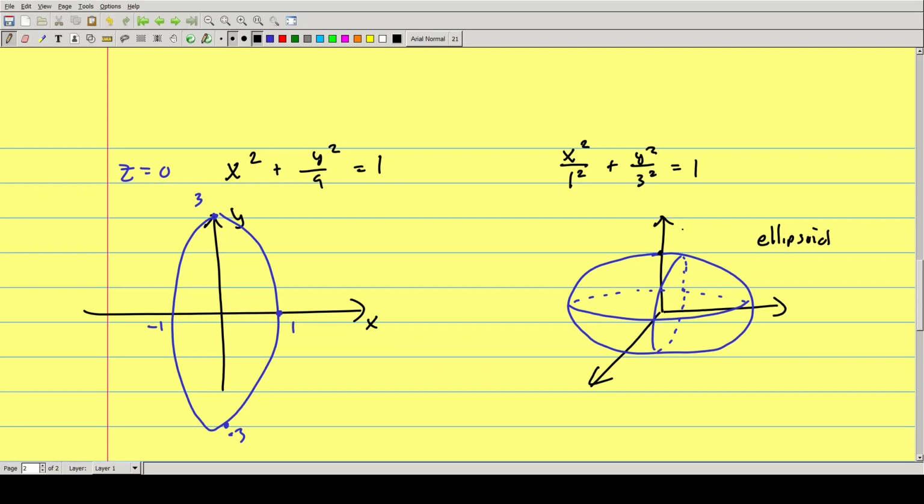We know that that point is 0, 0, 2, and this point is 0, 0, negative 2. We know that this point over here is 1, 0, 0. We know that this point up here is 0, 3, 0. And this one is 0, negative 3, 0.